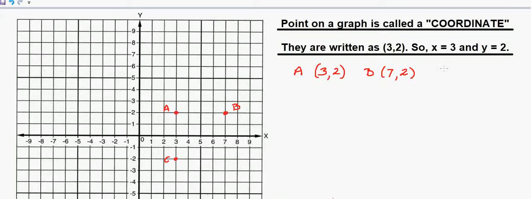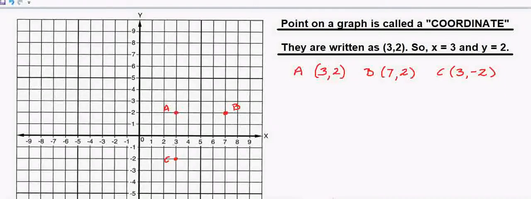So if we're asked to identify the coordinate C. Now for x, it's underneath 3, so that's fine. So it's still 3, but it's level with minus 2. So C is at 3, minus 2.